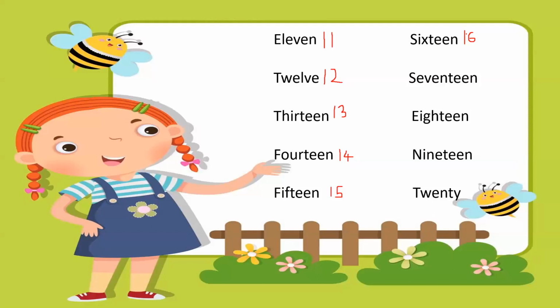Number name means the spelling of the numbers. In maths, we call it number name. And figures means numbers. So 16 is over.